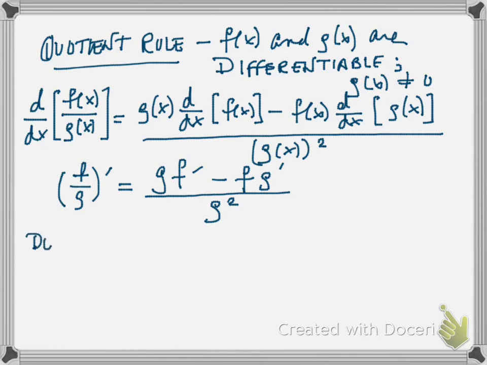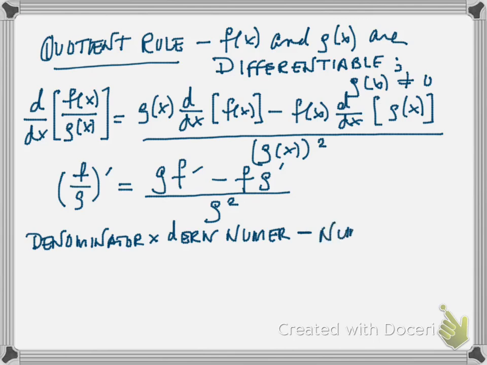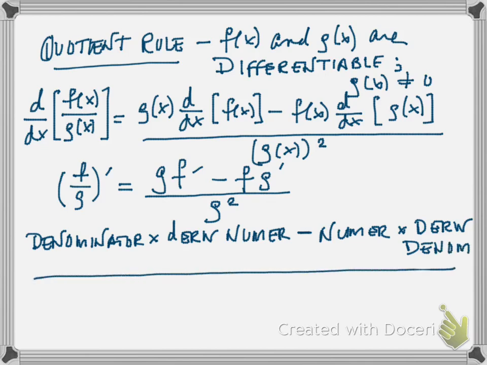You have the denominator times the derivative of the numerator, I'm going to have to abbreviate here, numerator, minus the numerator times the derivative of the denominator all over the denominator squared.